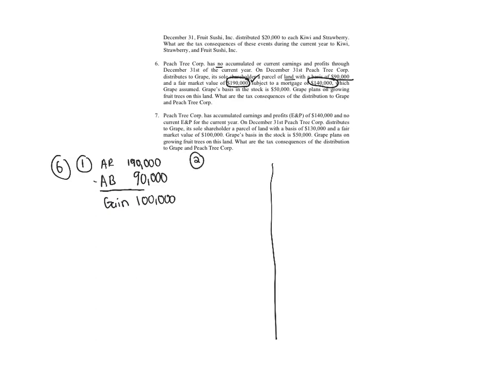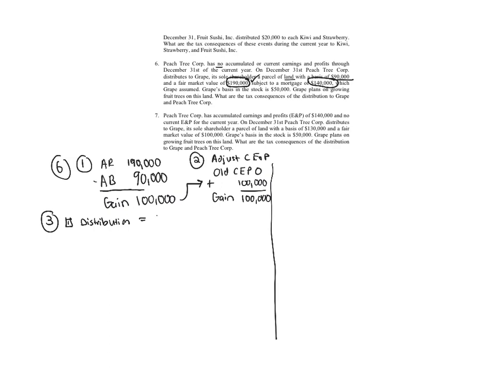Step 2, we adjust current E&P by step 1. So the old current E&P is 0 plus the gain in step 1, which is $100,000, gives us $100,000 gain. Step 3, we go through our analysis. Distribution, part 1. The distribution amount, the amount of cash received, which is 0, plus the fair market value of the non-cash property received, which is $190,000, minus the liability of $140,000.